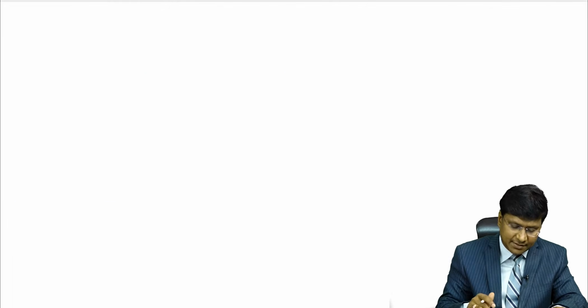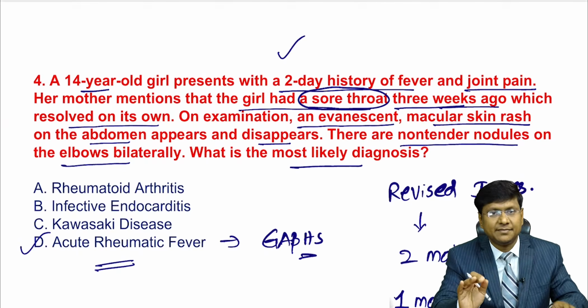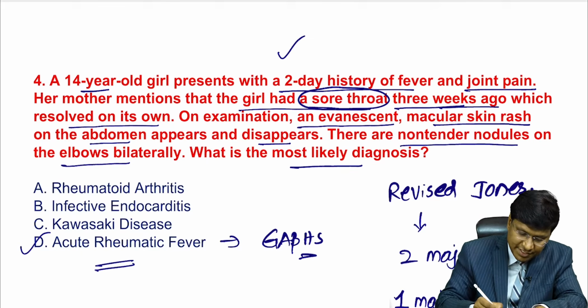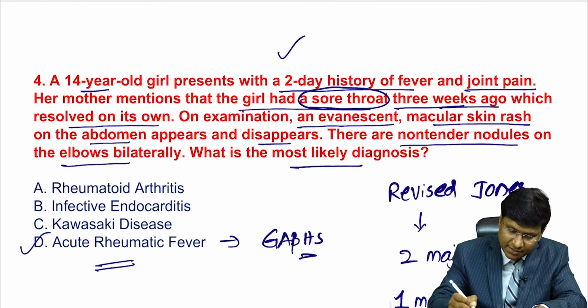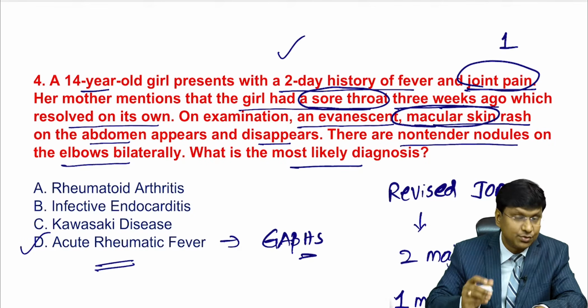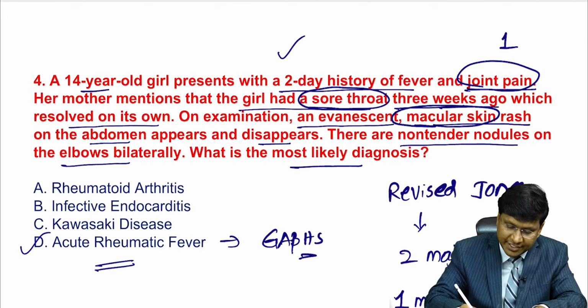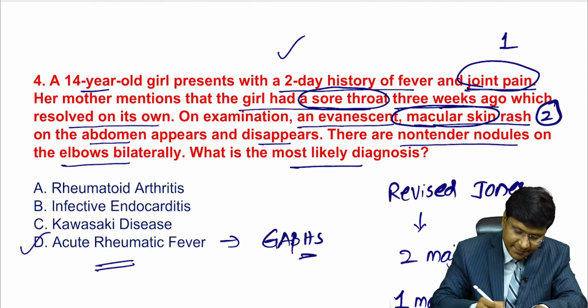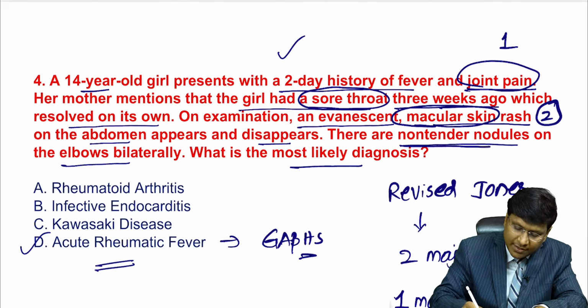Now, what are the major criteria? Presence of arthritis. This particular patient presents with a history of joint pain, which is one of the major criteria. Next is the macular skin rash, which is erythema marginatum, another important major criterion. And there are non-tender nodules, another important major criterion.